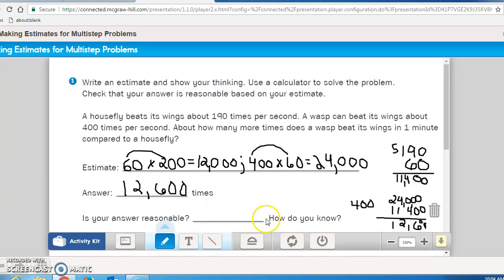Does that make sense? Yeah, that makes sense. How do I know? Because even though they're off slightly, they're still fairly close. My estimate difference was 12,000. My exact answer difference is 12,600.